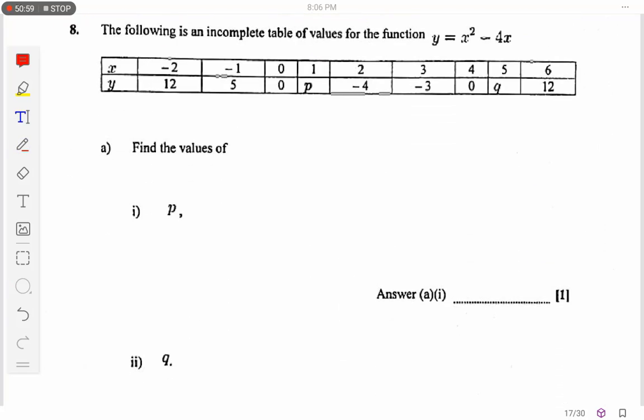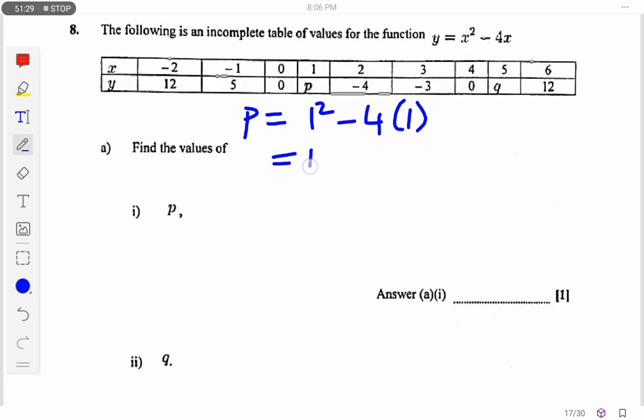Okay, now we are saying find the value of P, find the value of Q. Basically here we use the equation, this one, to find P and to find Q. Okay, let's do this. Finding P, we are saying P is equal to, our x is 1, 1 squared minus 4 by 1.